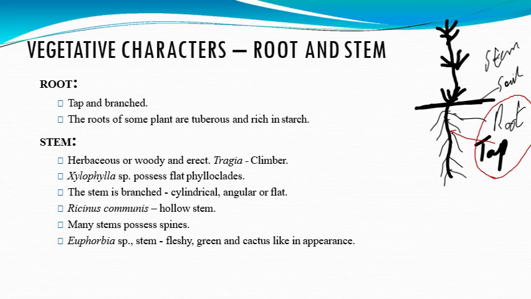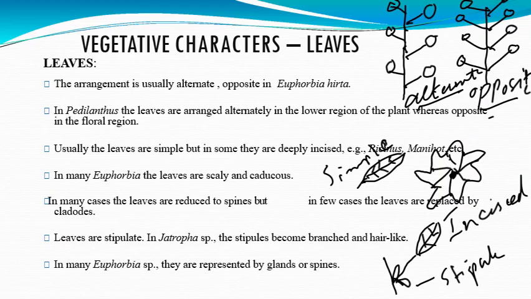In the case of Euphorbia species, the stem is fleshy, green and cactus-like in appearance, bearing spines. Now we have the description of another vegetative part, that is leaf.